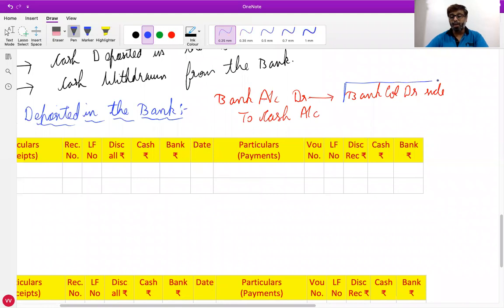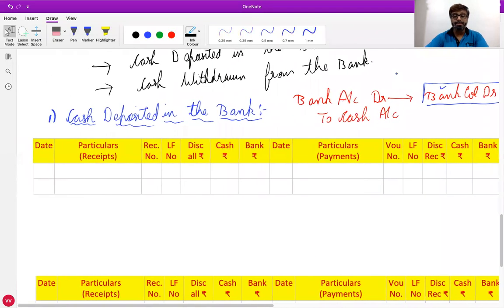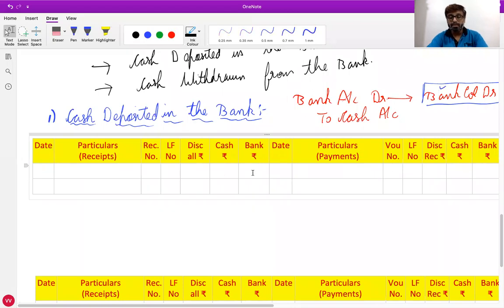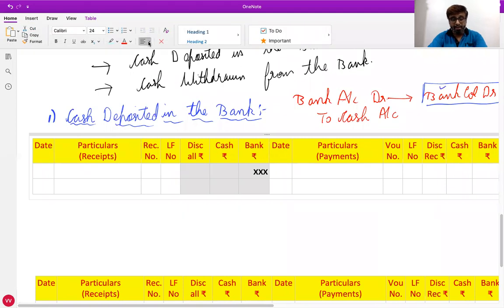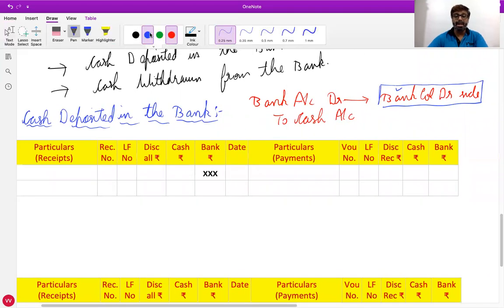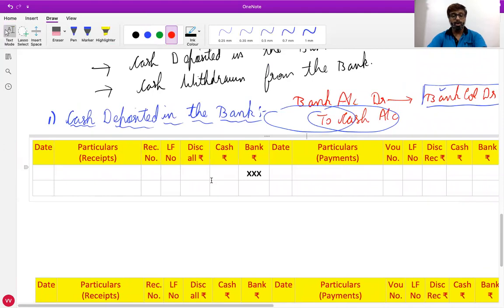So bank account debit means debit side amount will be written in which column? Bank column. And in particulars, you will write the name of opposite account. What is the name of opposite account? Cash account. To cash account.